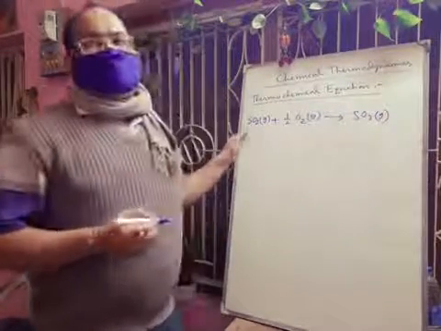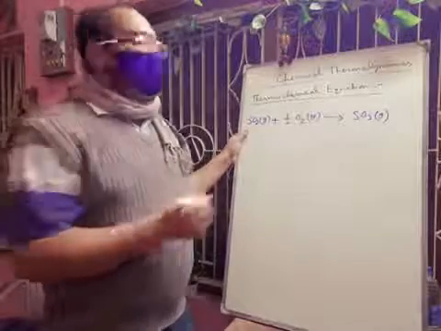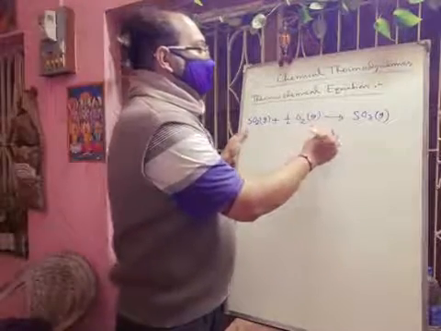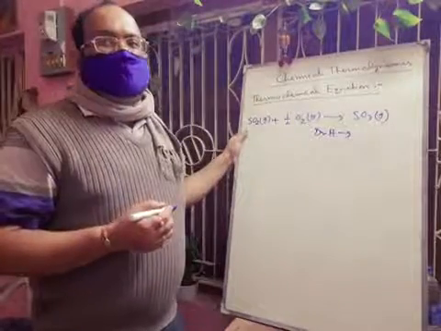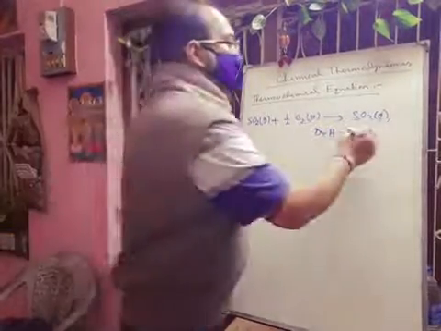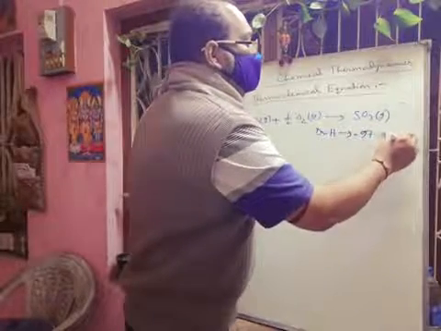In this case it is an exothermic reaction, and the delta RH value will be around minus 97.9 kilojoule per mole.